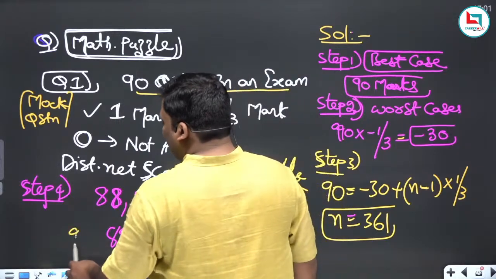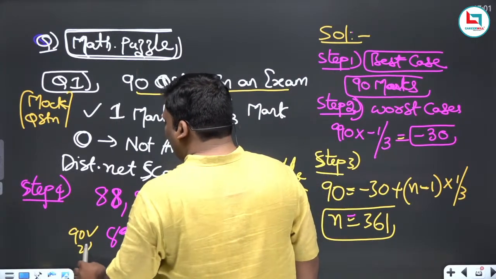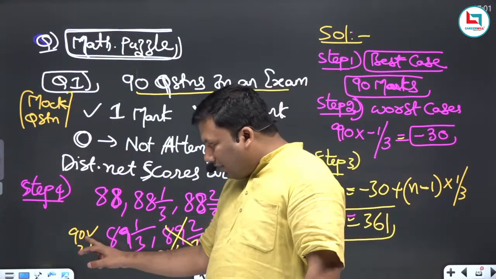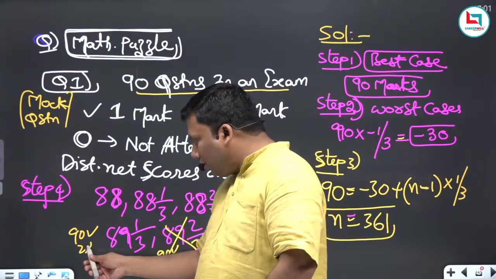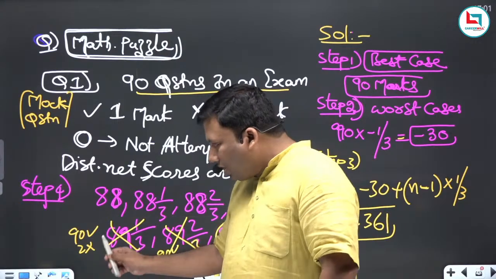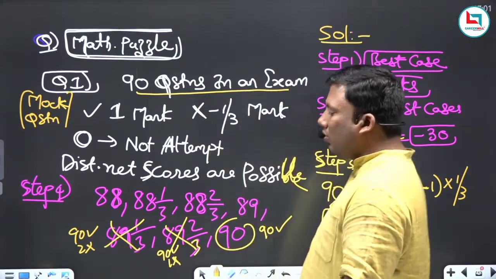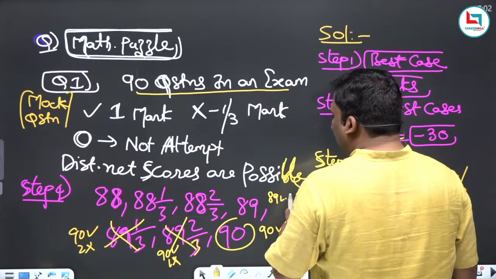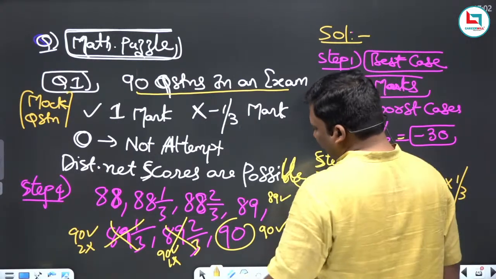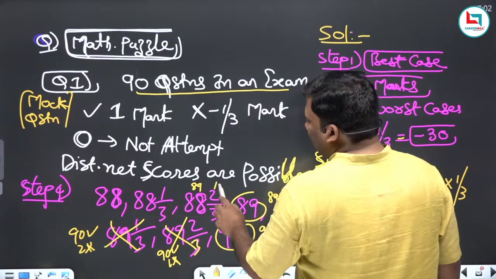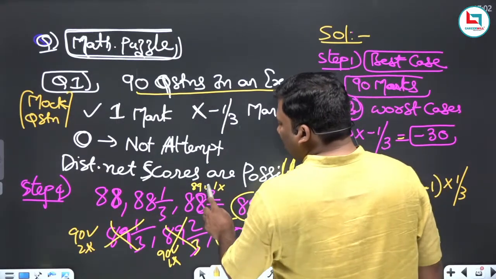89 1 by 3: 90 right, 2 wrong. 90 minus 2 by 3 is 89 1 by 3. That is 92 attempts, it cannot go beyond. Only 89 attempted, all 89 right. 88 2 by 3: 89 attempted, 1 wrong.